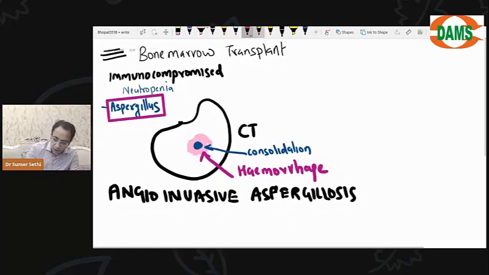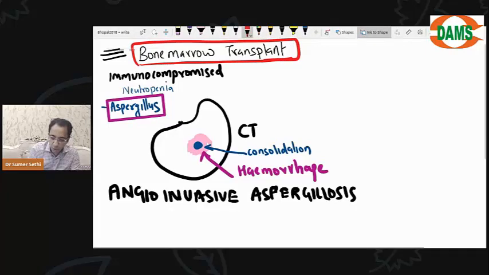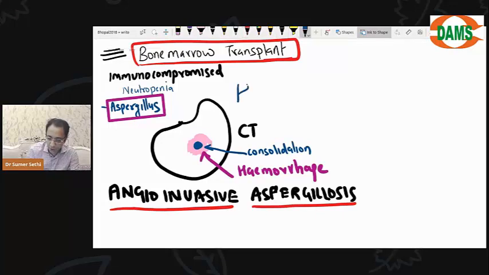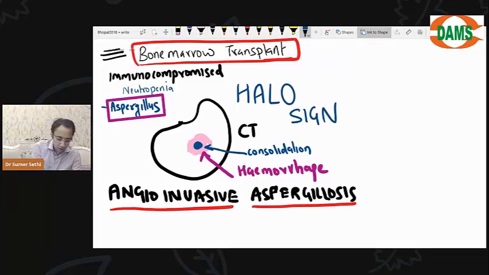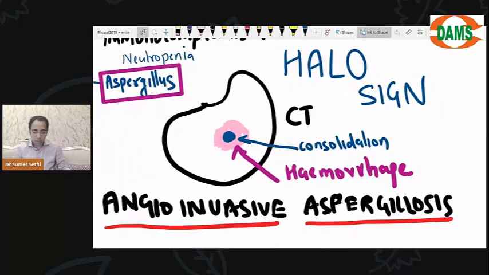So the question is, the same Aspergillus that we learned earlier, if the patient has a history of bone marrow transplant and is immunocompromised, now develops angio-invasive aspergillosis. This appearance on a CT scan is called the halo sign. Why do we call it halo sign?